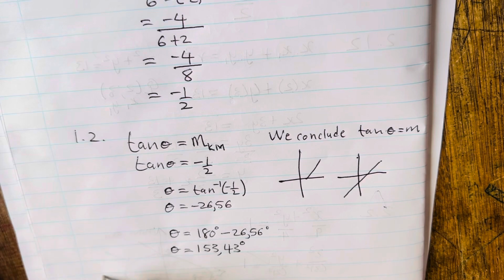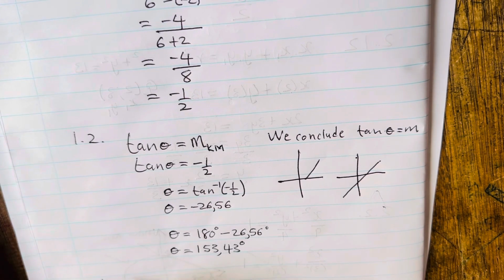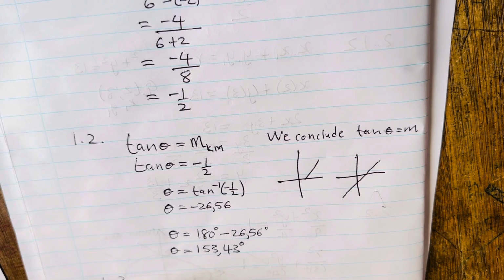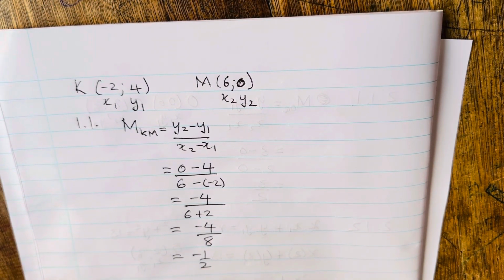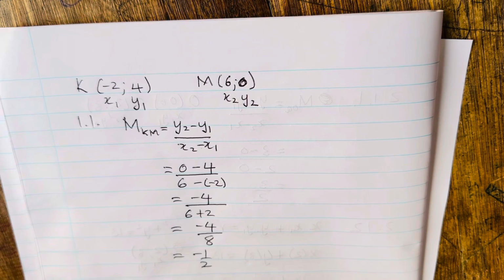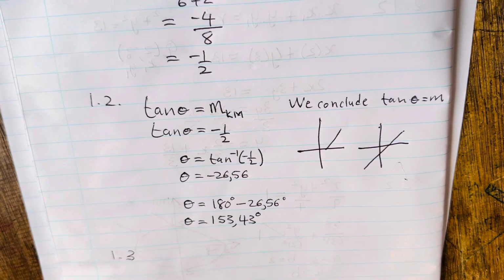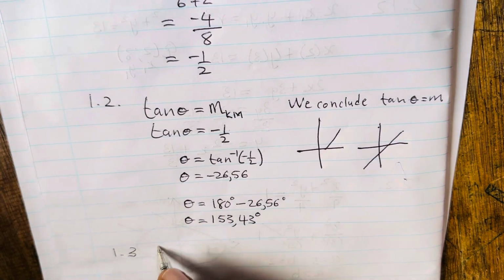So it's 1.3, and you're still going to use the same coordinates of K and M there, which is x1 and y1, x2 and y2.